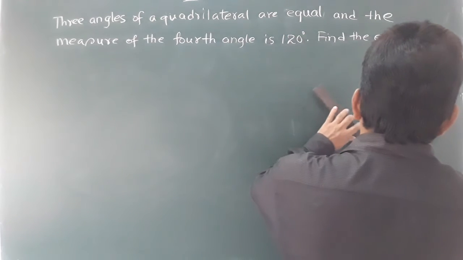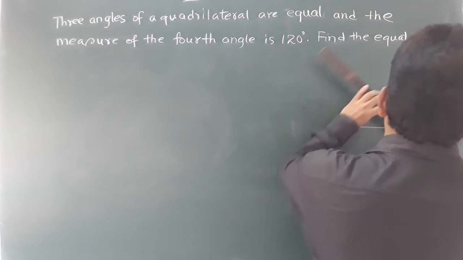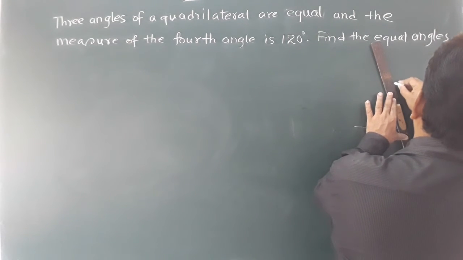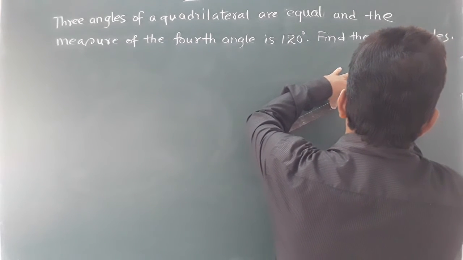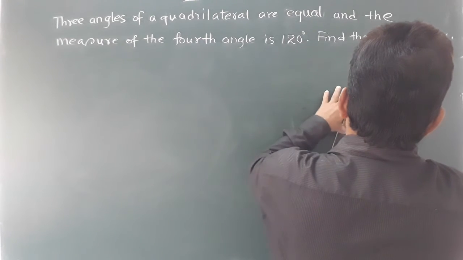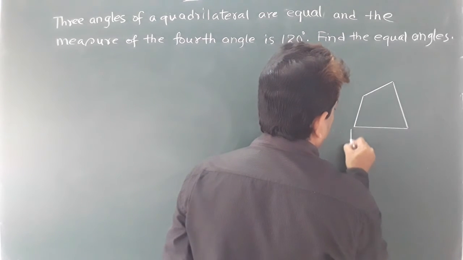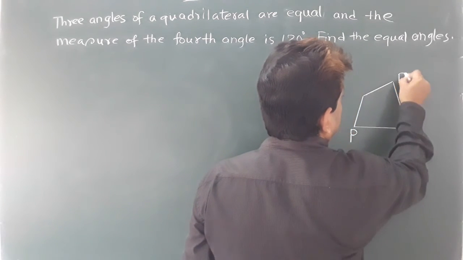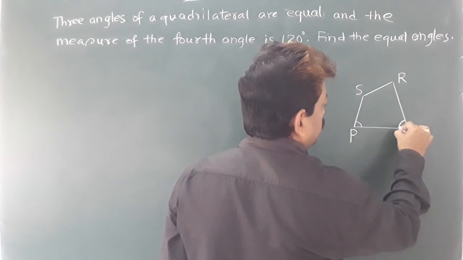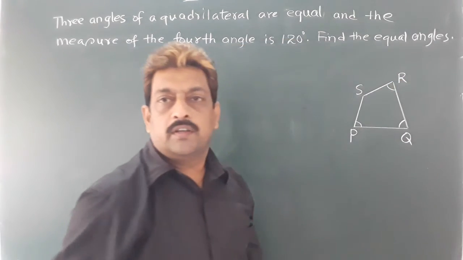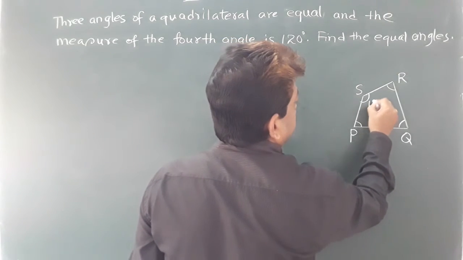So, suppose this is the quadrilateral PQRS, in which the three angles, angle P, angle Q and angle R are equal, and the fourth angle S is given as 120 degrees.